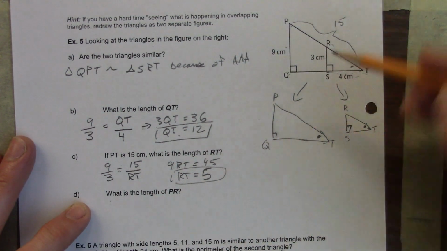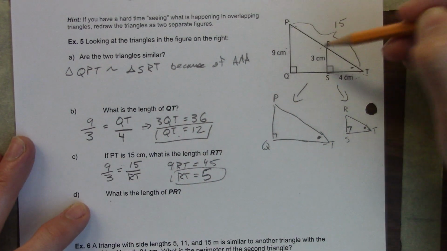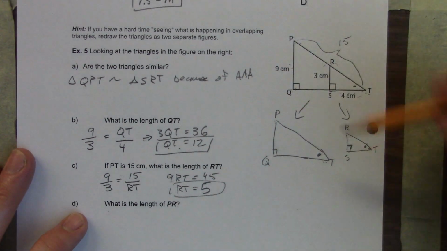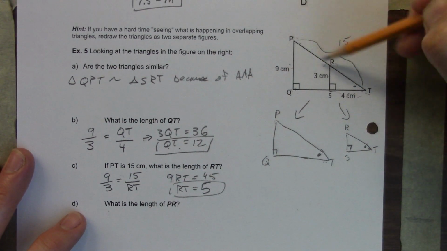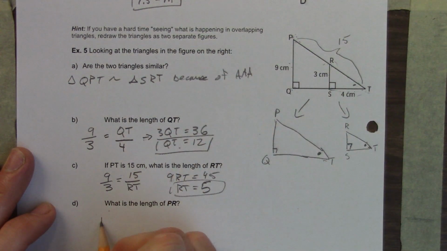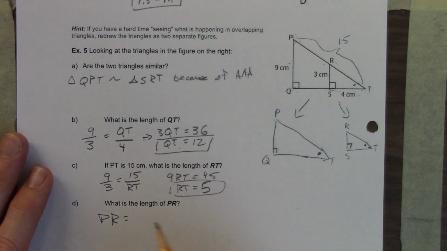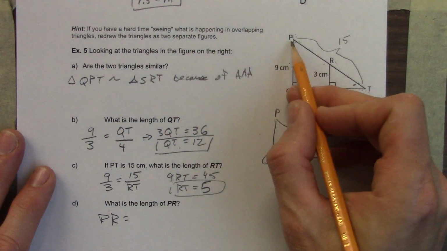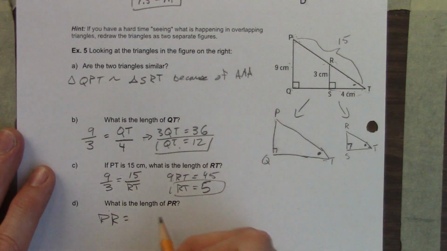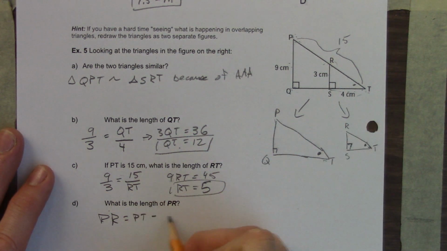So PR is here. So this one is a little different. It's not a side length of a triangle. Anybody have any idea how we can figure out PR? Yeah. 15 minus 5. You're going to do this whole side minus this. So it would be PT minus RT.